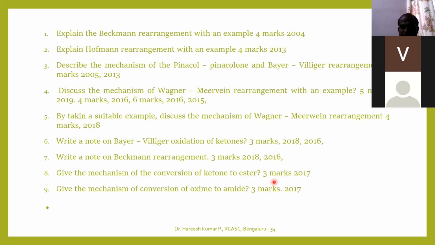That is nothing but Baeyer-Villiger oxidation. And give the mechanism of conversion of oxime to amide, which is the Beckmann rearrangement. Both are indirect questions which were asked in 2017.